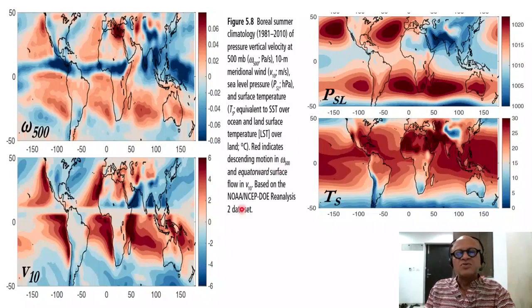Okay, so sea level pressure, obviously you have seasonal changes happening, but you can see the lows and highs related to the subtropical gyres, and the southern ocean band is slightly different than the northern band, and the monsoon region is different here because this is boreal summer climatology.